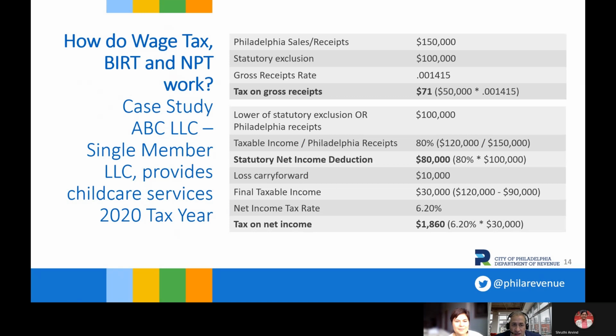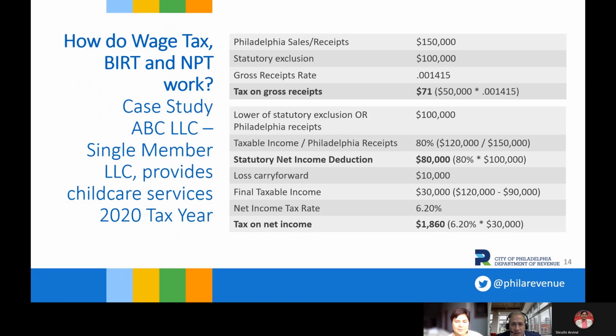In this case, the tax on gross receipts turns out to be $71. Now, the tax on net income is a little bit more complicated, especially if you're doing business outside of Philadelphia as well as within the city, but we're not going to really get into that here.